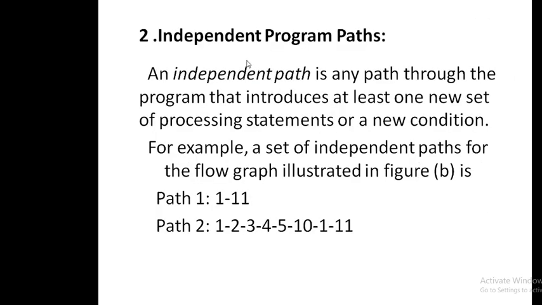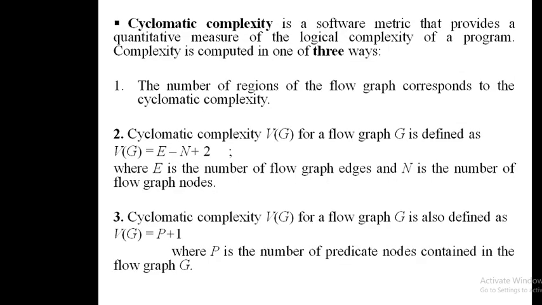In this independent program path topic, the second point is cyclomatic complexity. Cyclomatic complexity is a software metric that provides a quantitative measure of the logical complexity of a program.